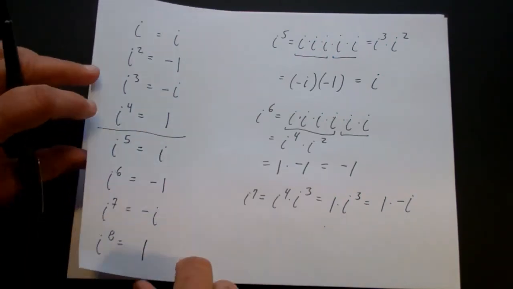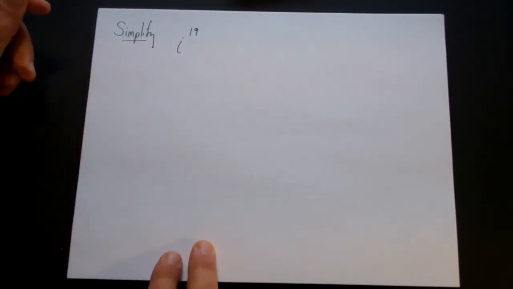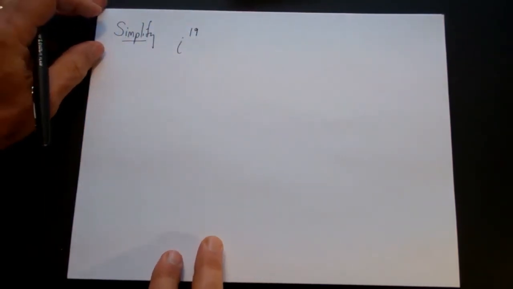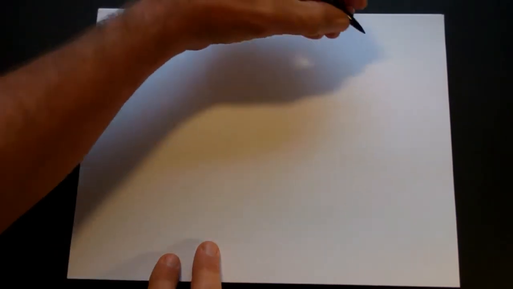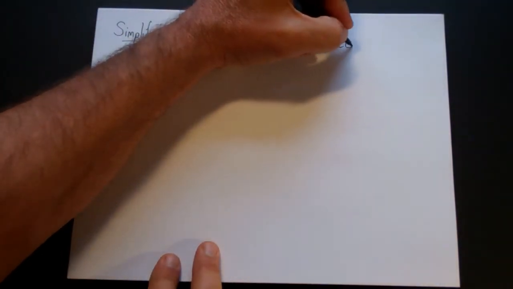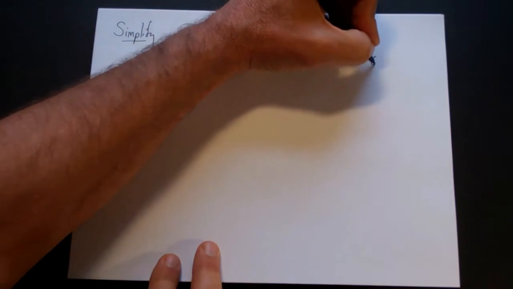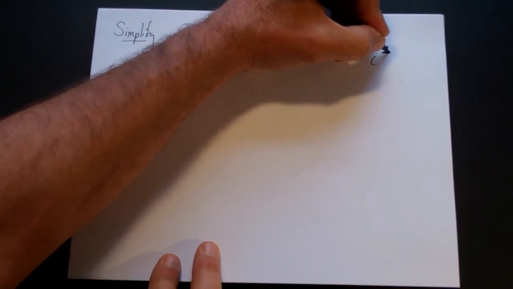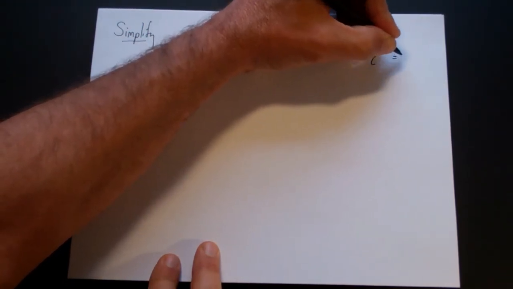Let's go back to our original problem, though. Our original problem here was simplify I to the 19th. That one is actually fairly easy if you remember that I squared is minus 1.